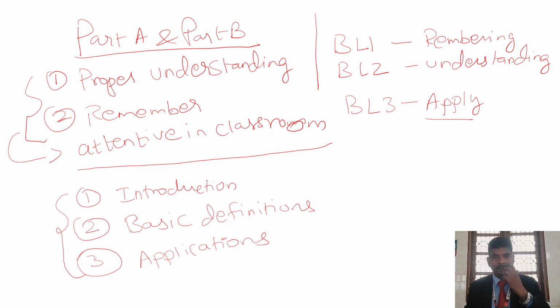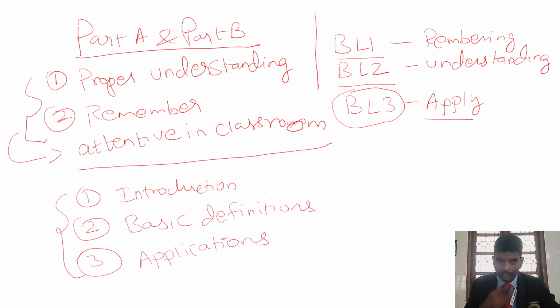You are going to name the application, but you're not going to explain how it is applied. If you are going to write how it is applied, then it comes under BL3. But now we are just saying what the applications are. In that case, it won't come under BL3, it comes under either BL2 or BL1, depending upon the question, how they are pushing.